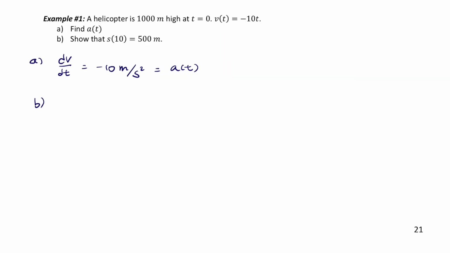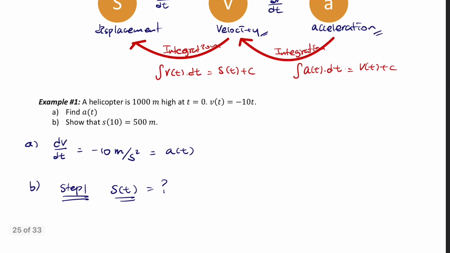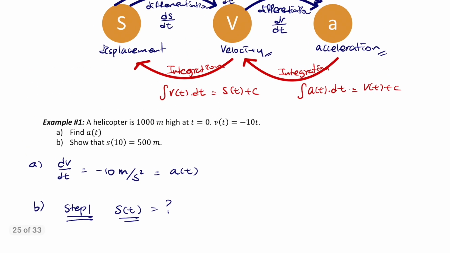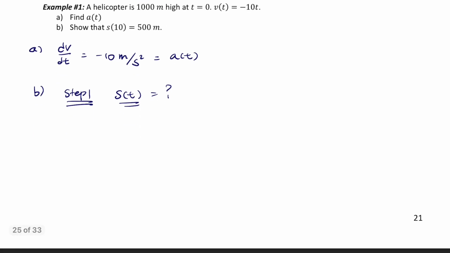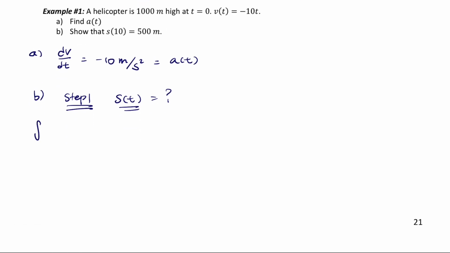Question B, we need to show that s of 10 is equal to 500. Step 1 is finding the displacement function. To find it, we need to integrate the velocity, so the integral of v of t with respect to t is equal to displacement plus c.